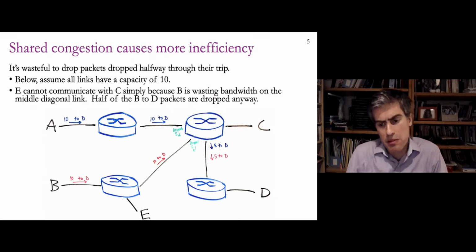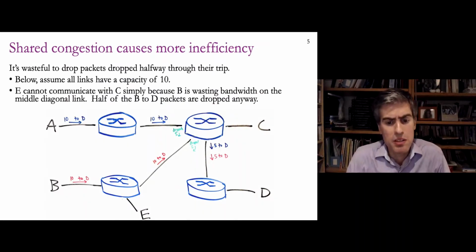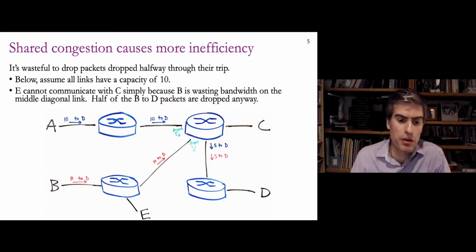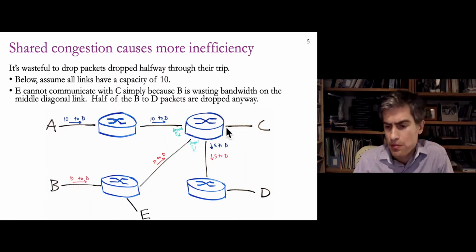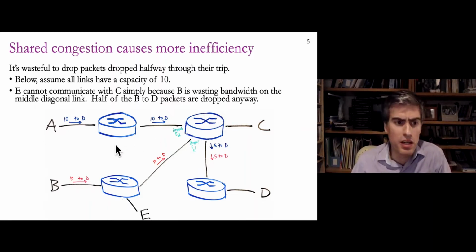The problem becomes, I think, a little more obvious even when we look at a network where there are multiple routers and multiple users. So in this situation, I have a network where imagine every link has equal capacity and that maximum capacity is 10. Let's just say 10 bytes per second, 10 packets per second, whatever units you want to think about.